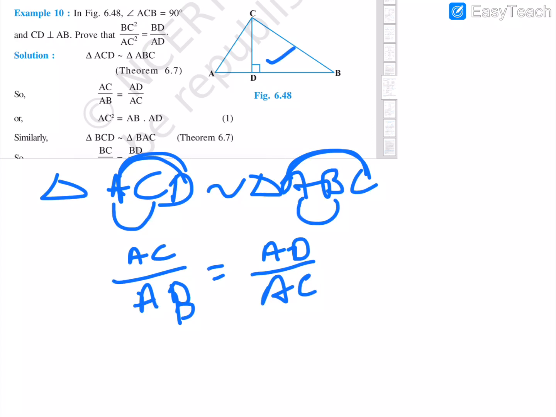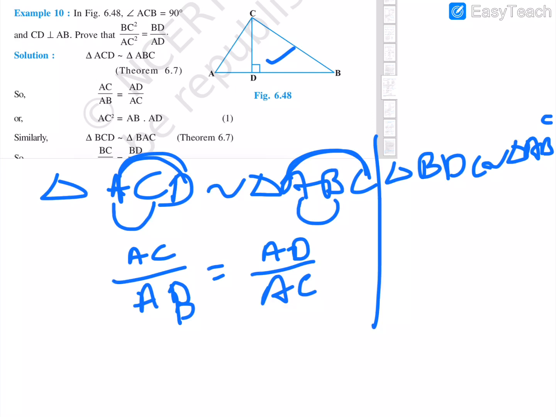Similarly, this second part also will be similar to the bigger triangle, that is triangle BDC similar to triangle ABC. So here also we can write BC by AC. Just a moment, we have taken this combination wrong.